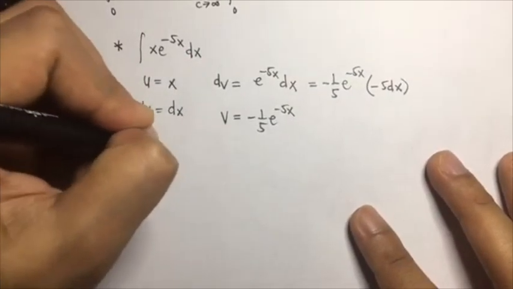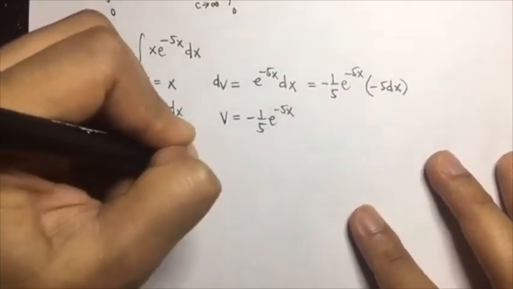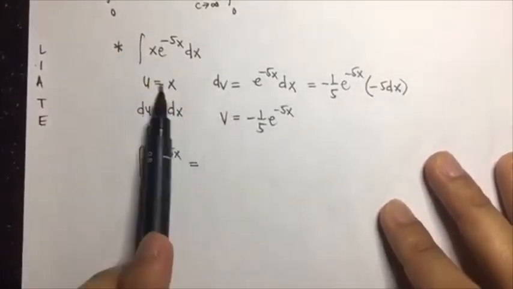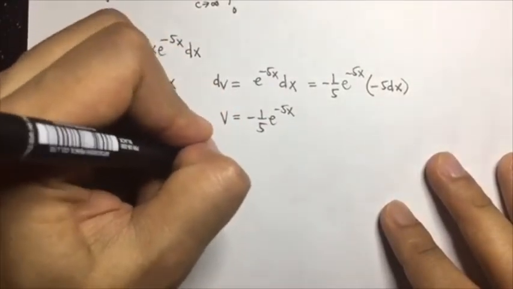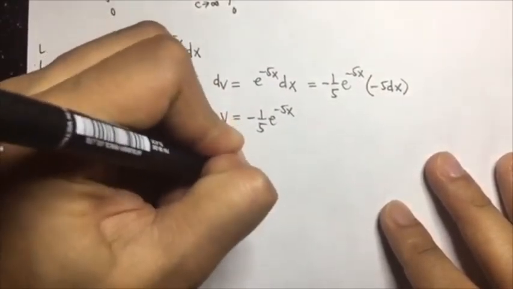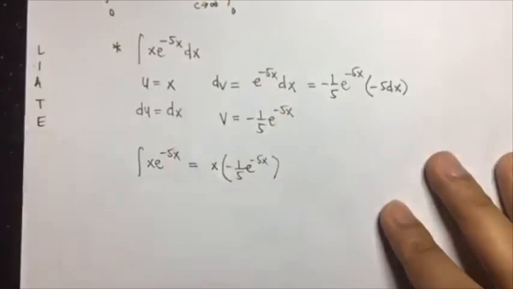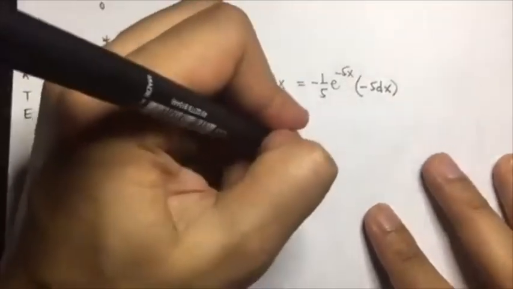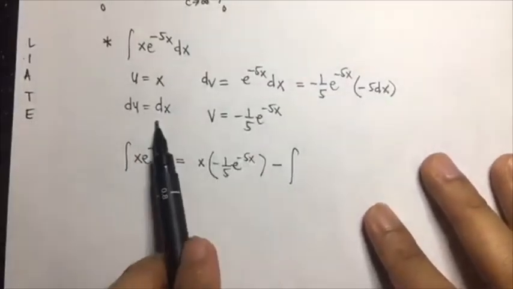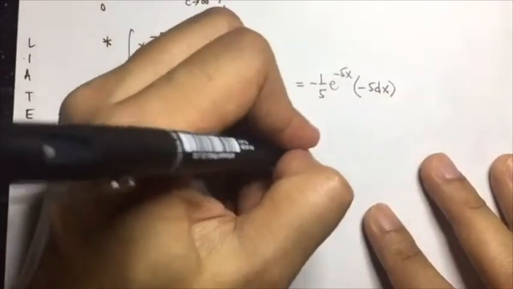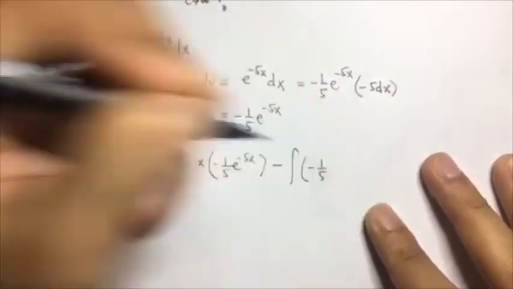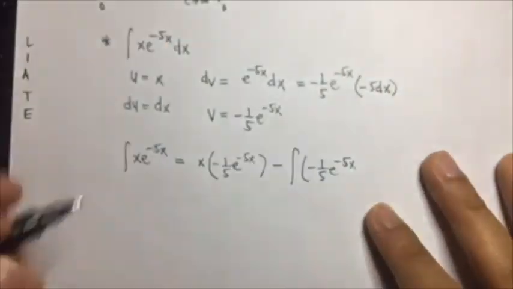Therefore the integral of x e raised to the negative 5x is equal to uv, so x multiplied by negative 1/5 e raised to the negative 5x, minus the integral of v du. Our v is negative 1/5 e raised to the negative 5x, and our du is dx.